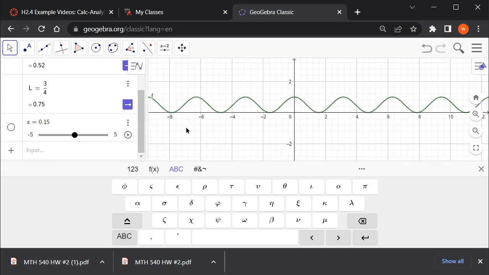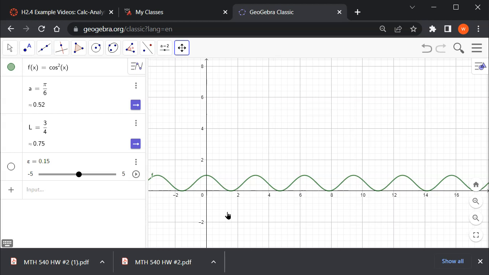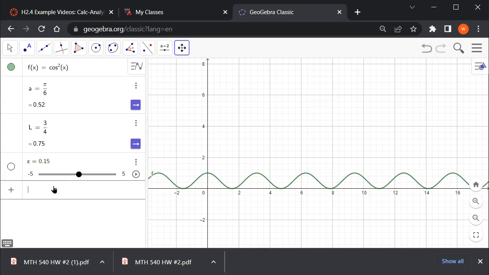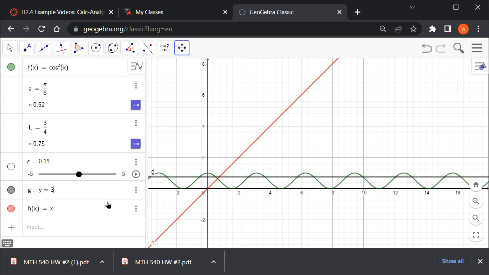First, we're going to look at the limit. The limit value is 3/4, so I'm going to draw a horizontal line at 3 over 4. Actually, I could just use L there. Also, the a value is pi over 6, so I'm going to draw a vertical line at pi over 6, x is equal to a.